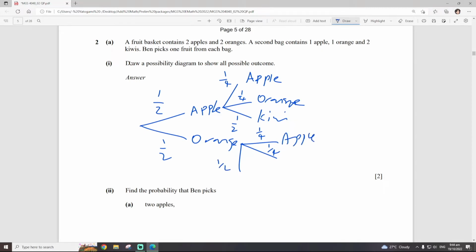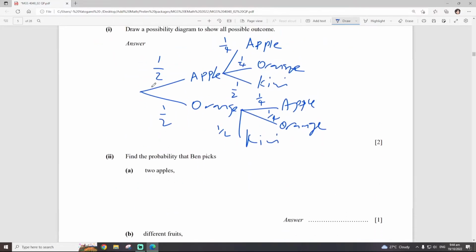Apple, orange, and kiwi. Find the probability that Ben picks 2 apples. Okay, so from the diagram we can clearly see that it is half times quarter equals 1 over 8.